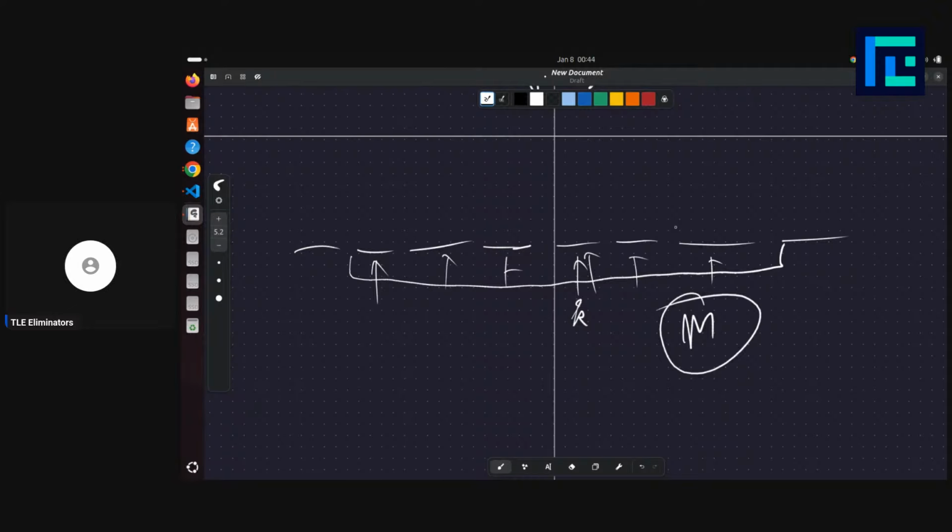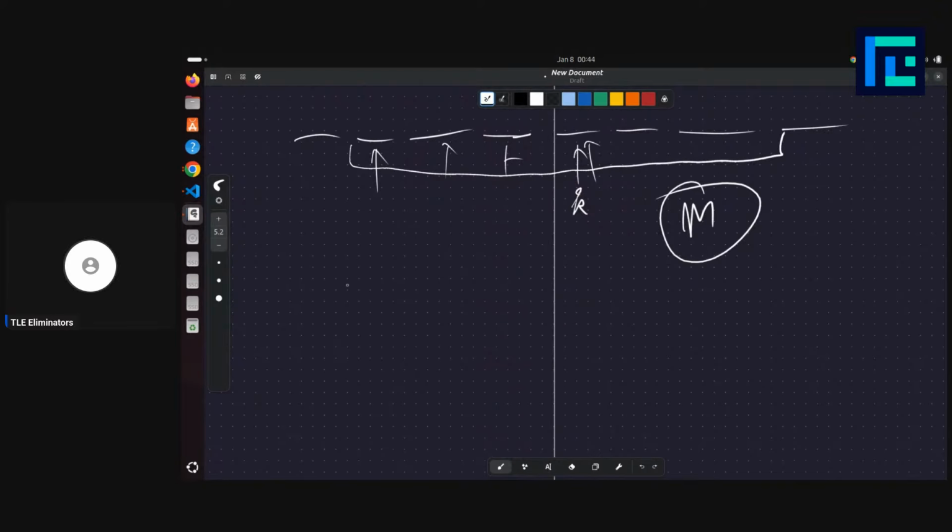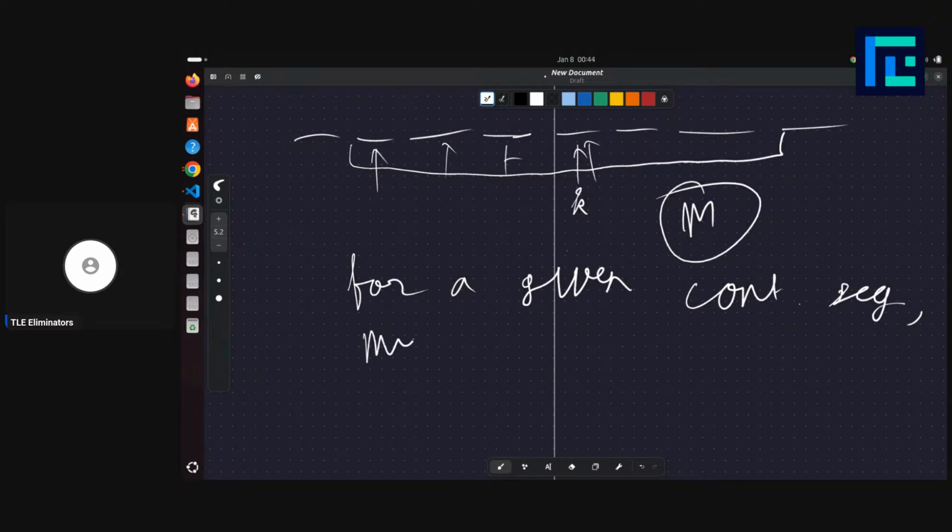That is what I'm thinking about right now. For a given contiguous segment, what is the minimum amount of time to fortify all bases in that segment, right?